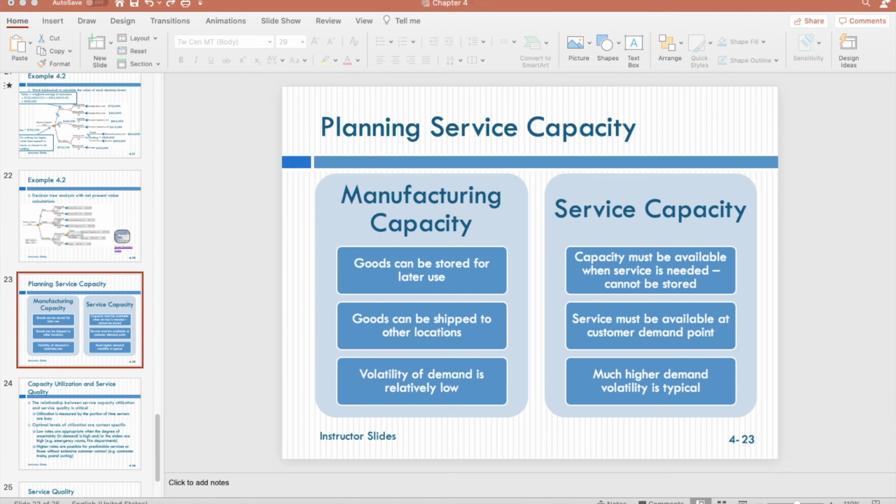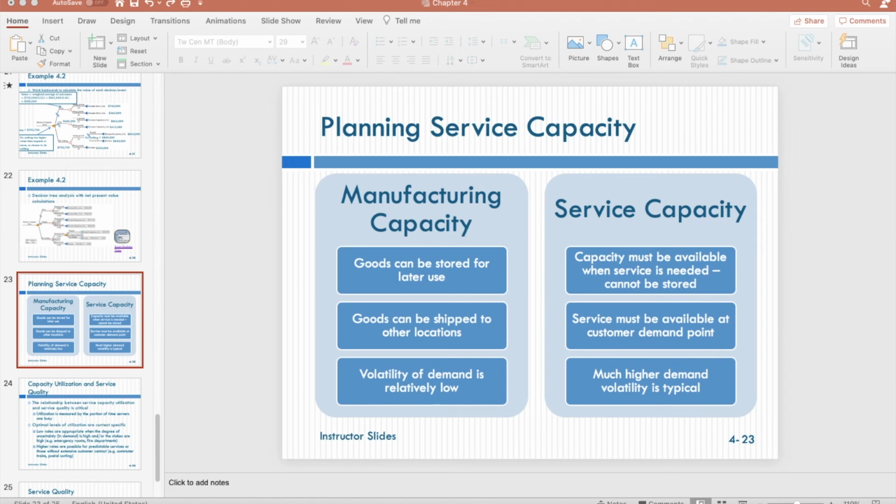More details are shown within the textbook, so I require every one of you to look at those materials and get a good sense of the difference between manufacturing capacity and service capacity, and also the key characteristics of service capacity. I will briefly go through it here.